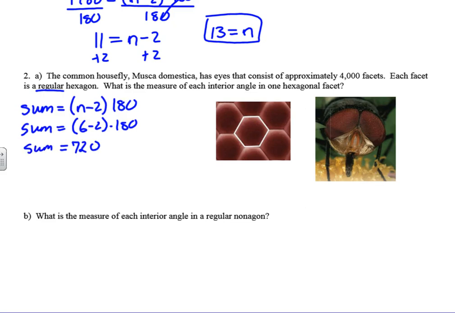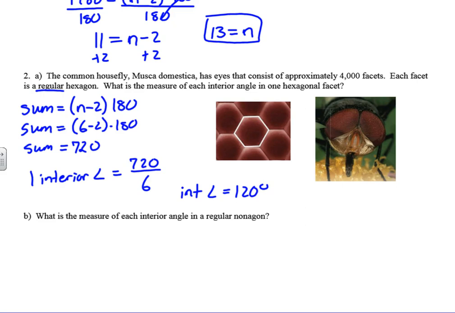Now, if you want to find one interior angle, we take the sum and divide it by the number of sides. So we take 720 and divide it by 6, and 720 divided by 6 is 120. So an interior angle is 120 degrees.